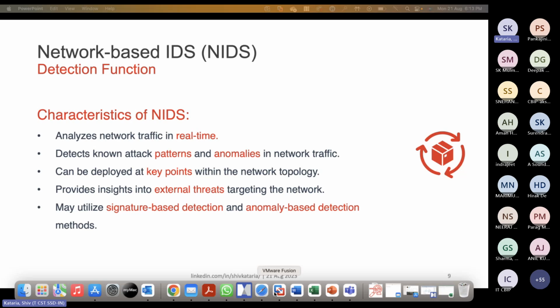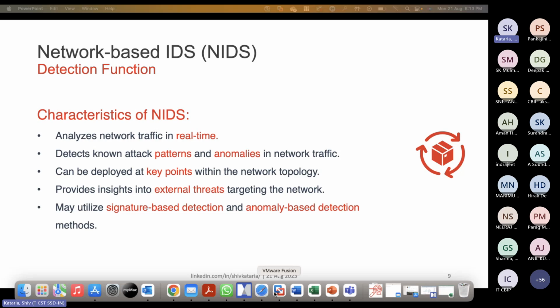They detect the patterns and anomalies in the network traffic, and they can be deployed at various key points where you are really interested to know, okay, these are my incoming traffic points from an untrusted source, or beyond my secure substation boundaries or my control center boundaries. All these points are good candidates to deploy an intrusion detection system in the network.